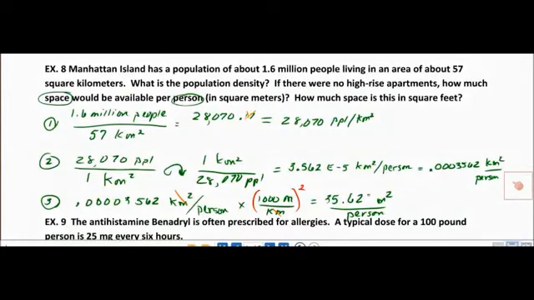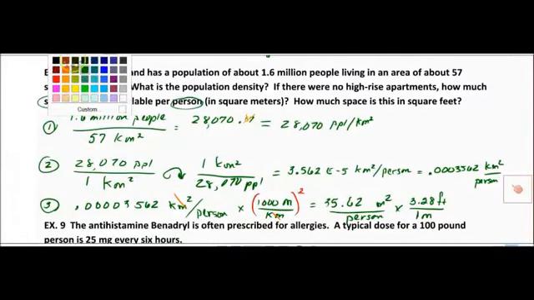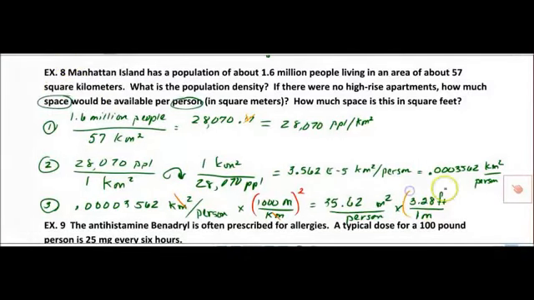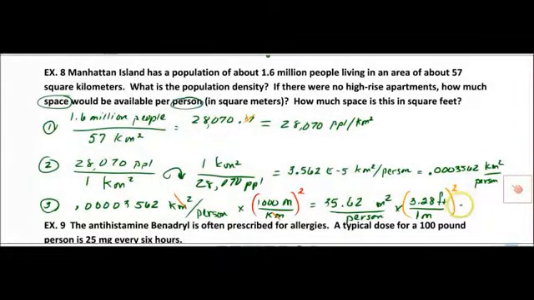Now let's determine what that is in feet. Well, I looked up a conversion factor and I know that there's 3.28 feet in 1 meter. So I would like to cancel out my meters. So that's why I put the meter at the bottom. But since I need square units, I have to go back, do that really great math, and square that fraction.